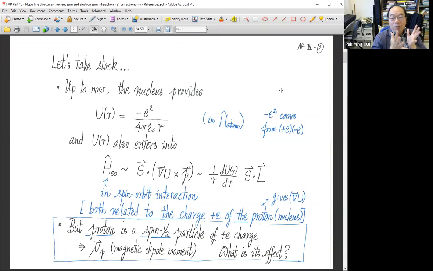So what we have discussed so far are related to the Bohr-Coulomb interaction, the spin-orbit thing, okay, and also relativistic correction. And in the spin-orbit interaction, we know that we will encounter an S·L term when the two angular momenta or magnetic moments interact.